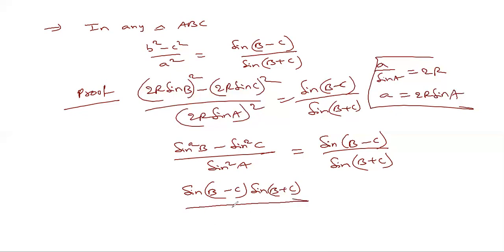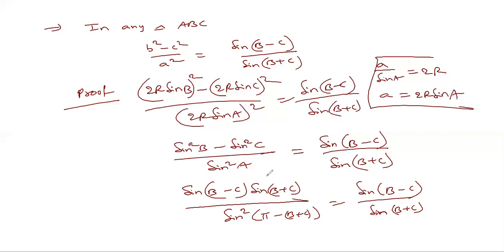Once revise that. So denominator will be sin square A. A means we can write 180 minus B plus C. That will be sin of B minus C divided by sin of B plus C. So you can see here we have to prove this.